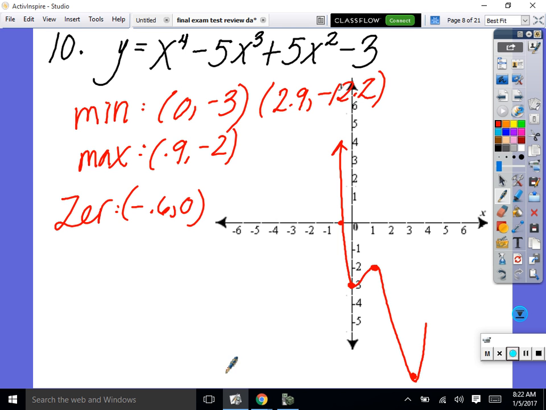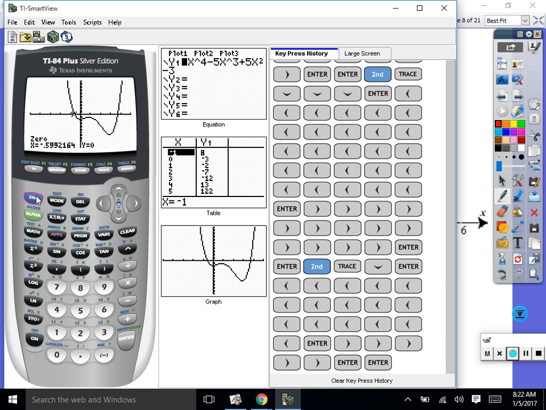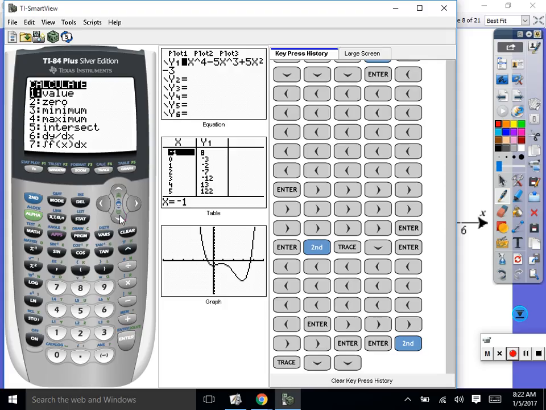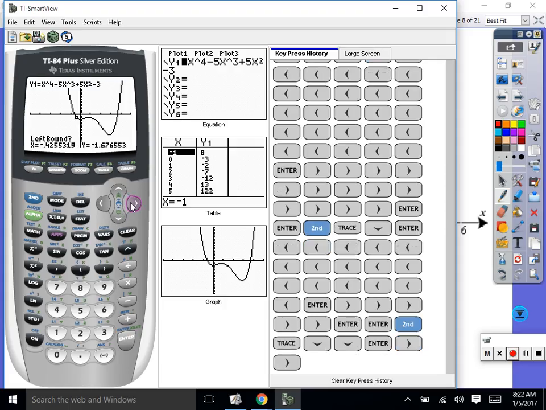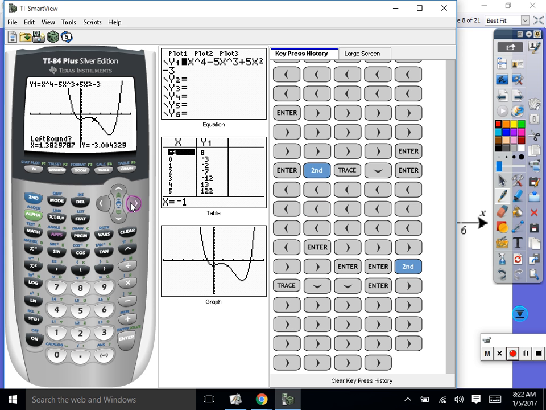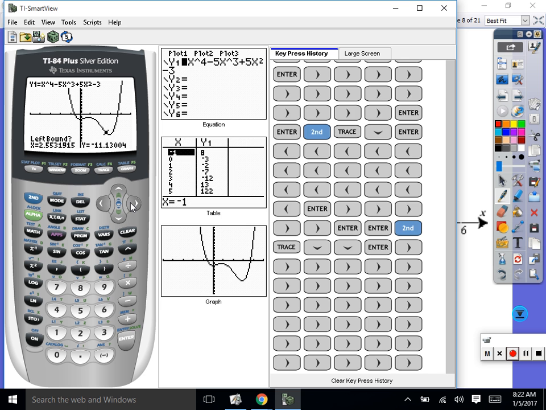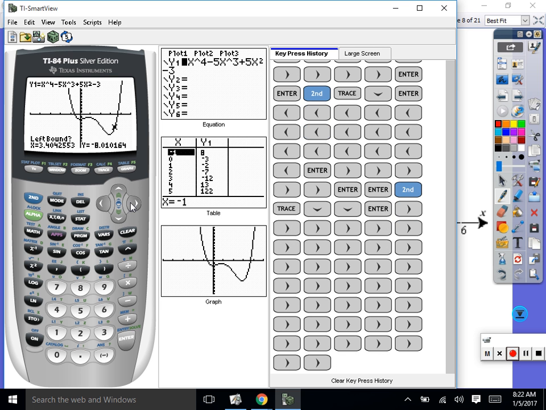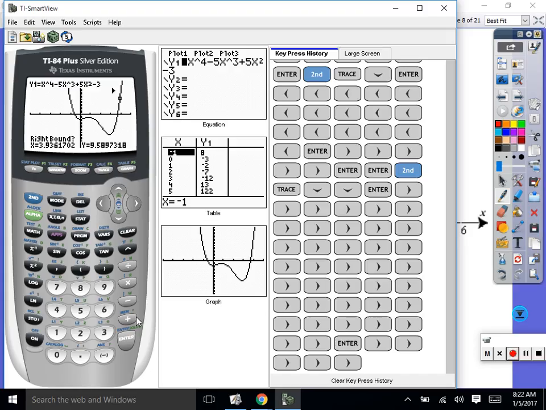So you'll go second trace, go down to 0. Left bound, so let's be close to the 0, left of it though. So left of the 0, enter, right bound. Oh, I found it.